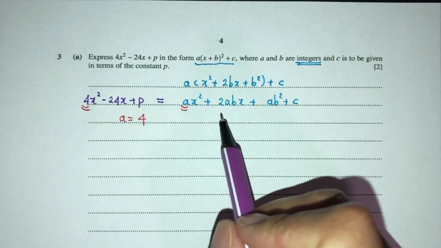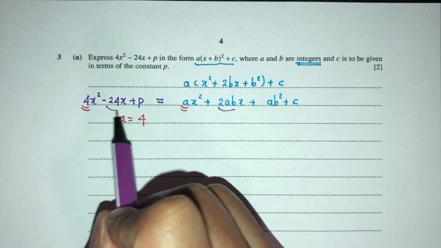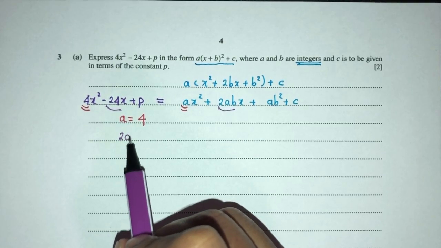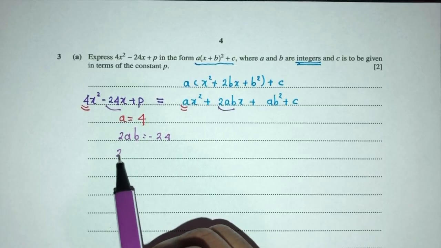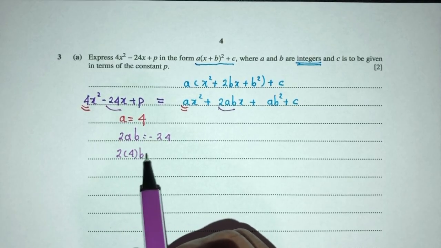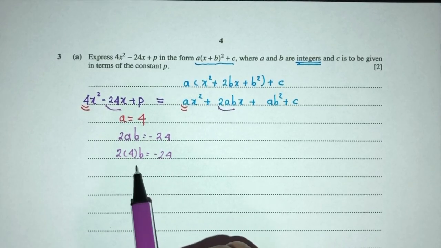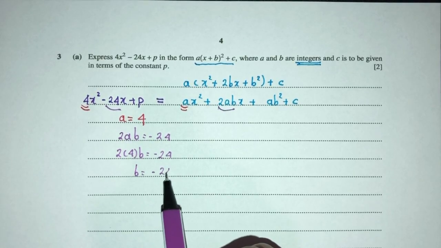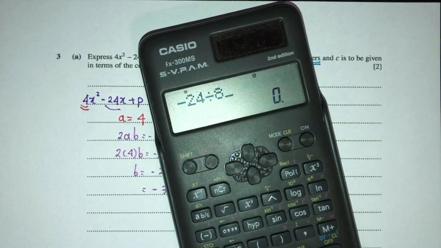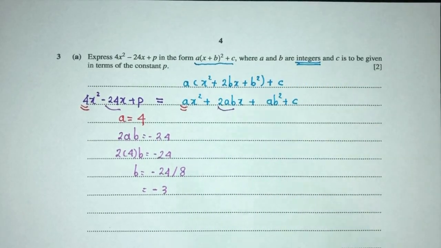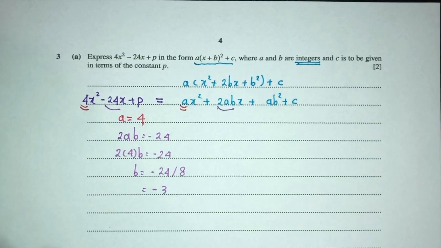Next one here we have this is supposed to be this, which is 2ab supposed to be −24. Therefore 2 times 4 times b is −24, so b should be the value of −24 divided by 8. That will be what? −3. Let's double check, because why not? Here you go. So we have a and b. Alright, cool.